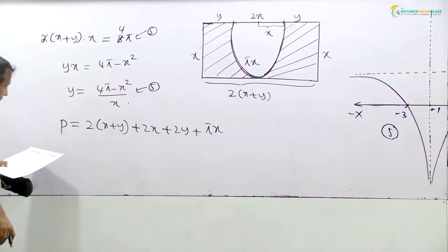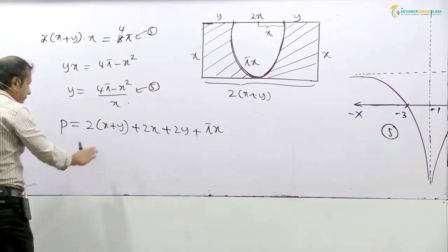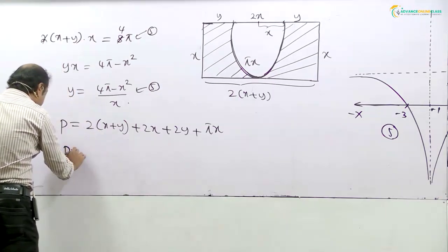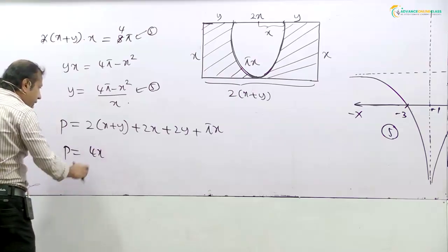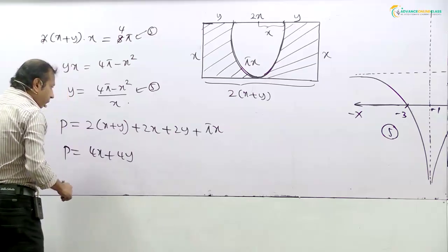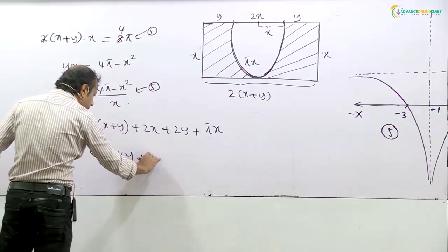Okay. Then here we get 2x, 2x, 4x, 2y, 2y, 4y, and πx.